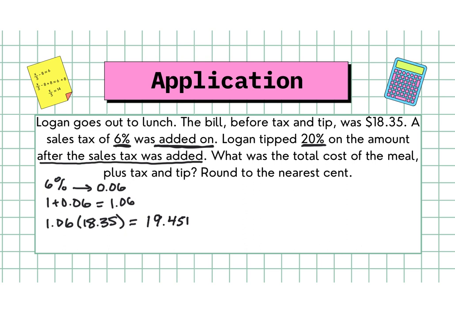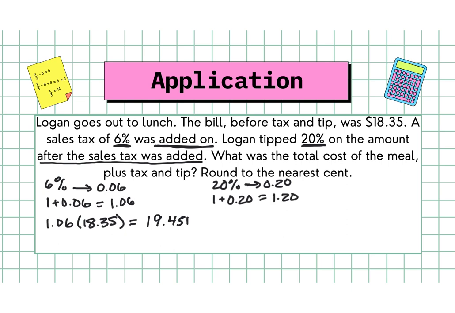So now we need to deal with our 20%. So 20% as a decimal is 0.20. I'm going to add that to the 1 to get 1.20.